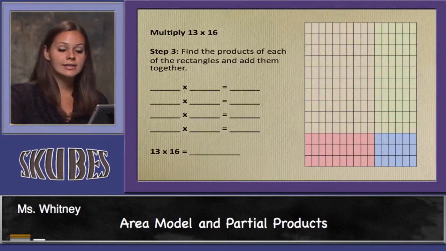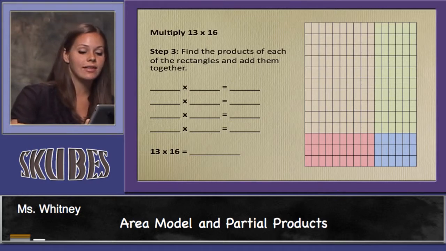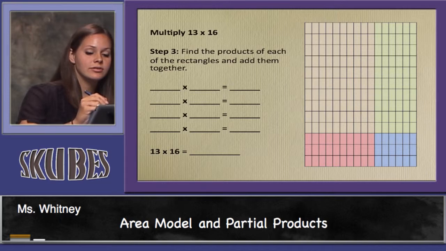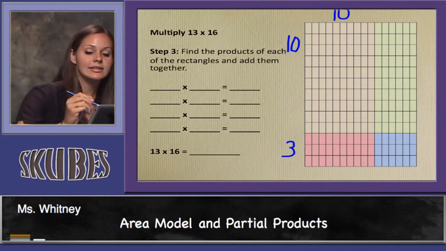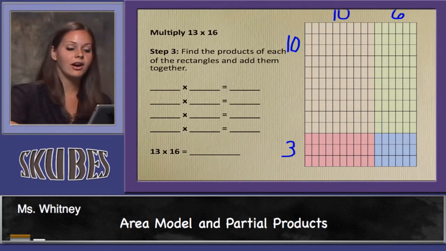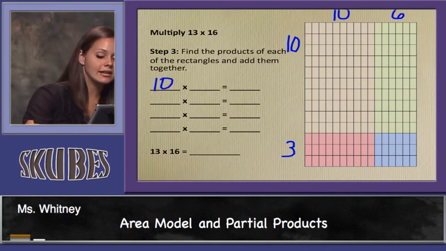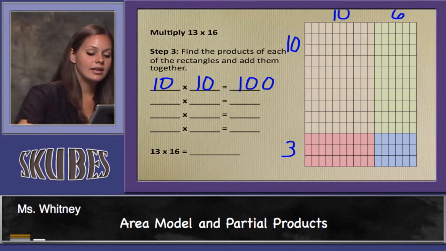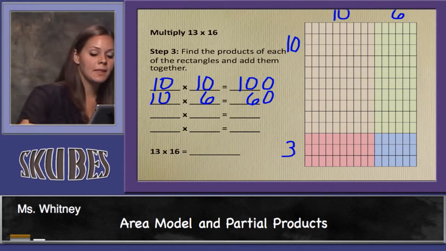Now that we've divided our rectangle, we can find the product of each of the rectangles and add them together. So we had 10 and 3 to make our factor 13, and 10 and 6 to make our factor 16. Let's multiply first. 10 times 10, which is 100. Next, we'll do 10 times 6, which is 60.